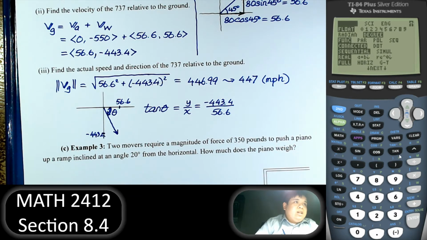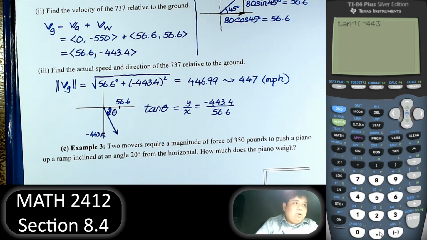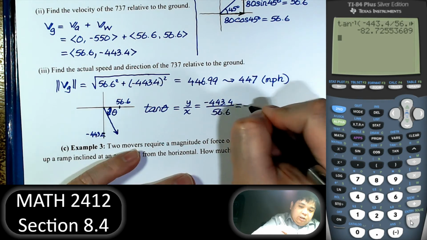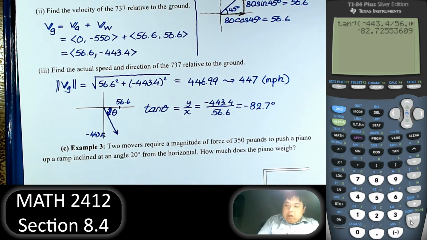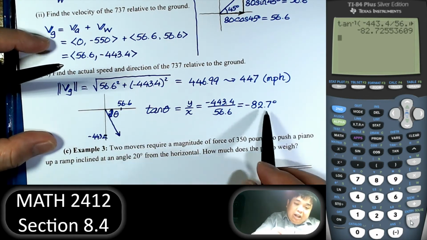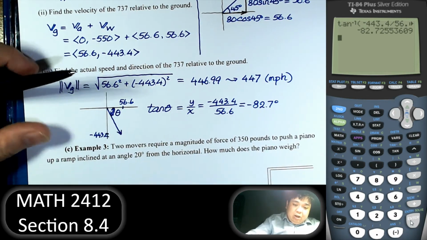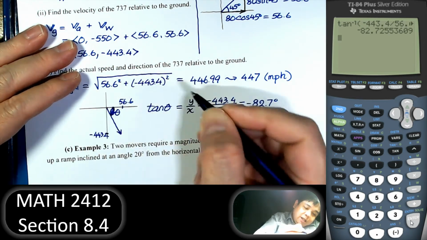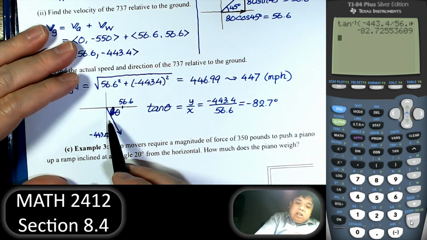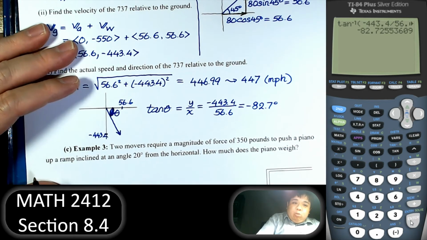It is in degree mode, so tangent inverse of negative 443.4 divided by 56.6 gives negative 82.7 degrees, if it goes clockwise, of course. If it is counterclockwise, it will be positive 82.7.